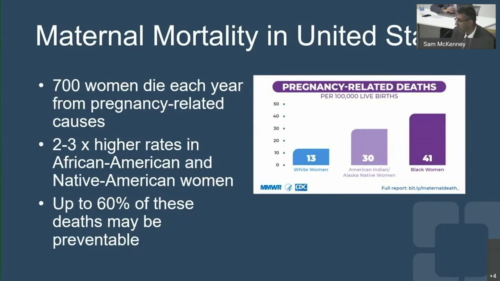It's actually about three times the rate in Caucasian women. And that's striking, and there's a lot of reasons for that, and I don't have the time to get into that in this talk. But what is interesting and what we need to pay attention to is that up to 60% of these deaths may be preventable, and that's a lot.